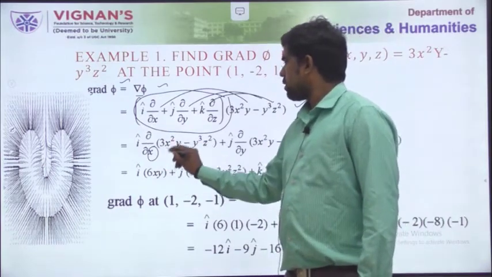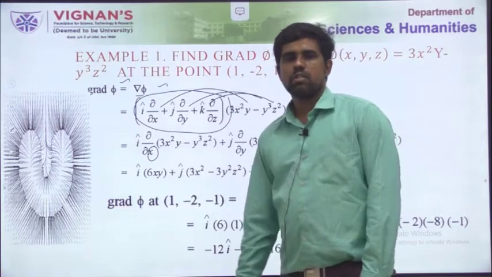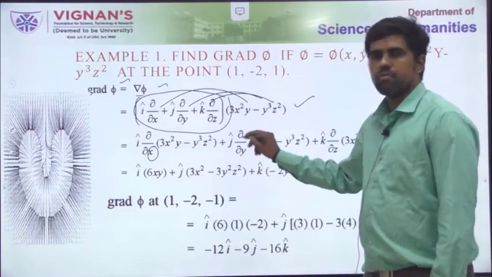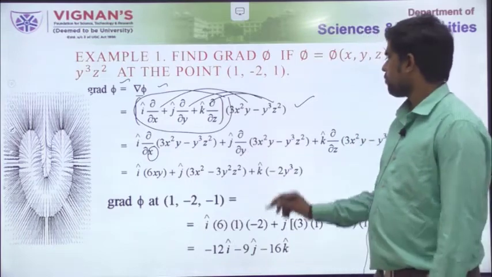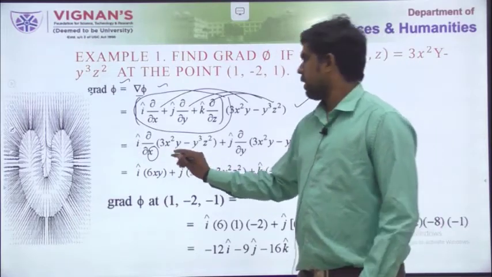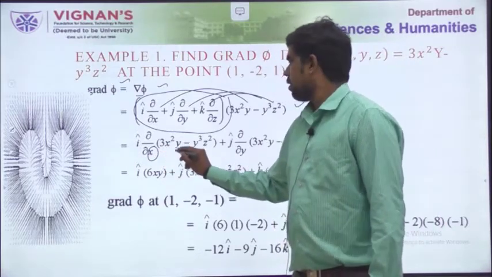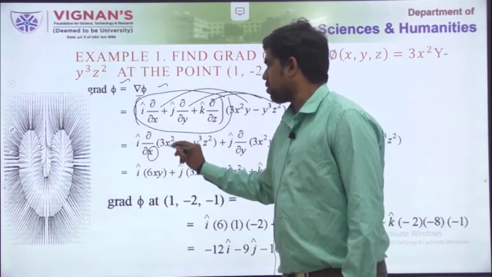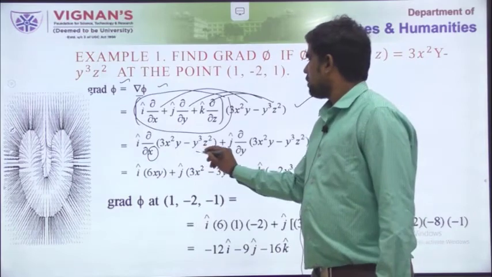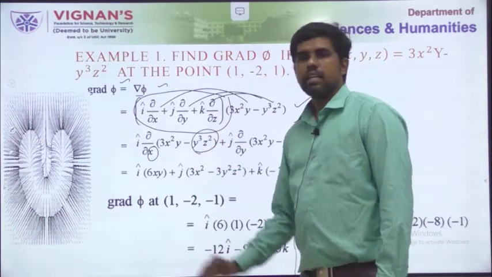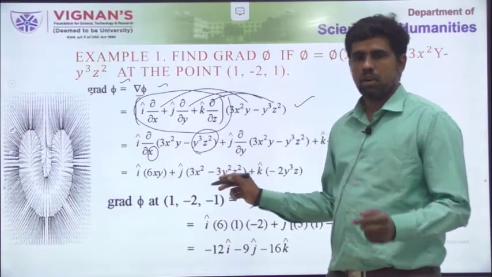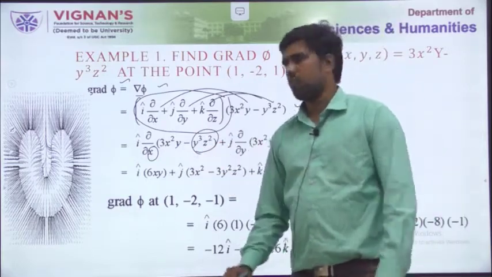So keep y as a constant, derivative of 3x square is 6x, so 6xy into i vector. In this term you don't have any x variable, so you can consider it at this point of time as a constant, so derivative of constant is 0.